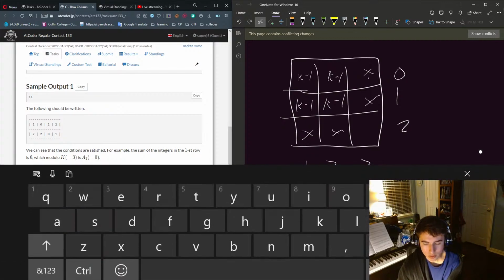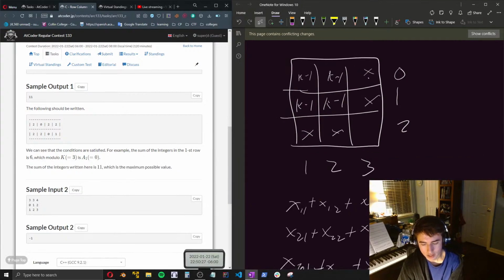Well, the 3 and 2 are different, so obviously 0 plus 1. If these are both the same, then what does that mean? Assume these two sums are the same, like 2, 0.